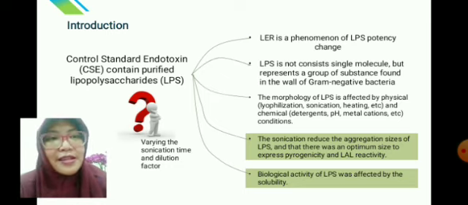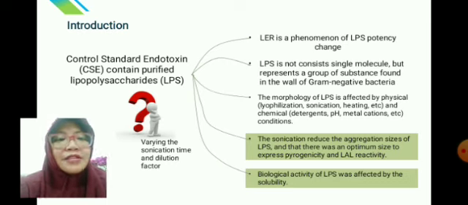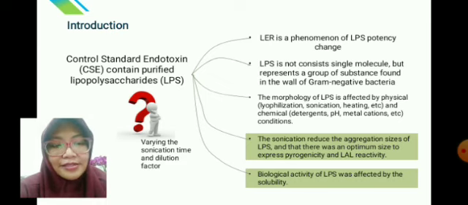The morphology of LPS is affected by physical factors like lyophilization, sonication, heating, etc., and chemical factors also like detergents, pH, metal cations, etc. In this condition, sonication sometimes reduces the aggregation size of LPS, and there is an optimum size to express pyrogenicity and allow reactivity.